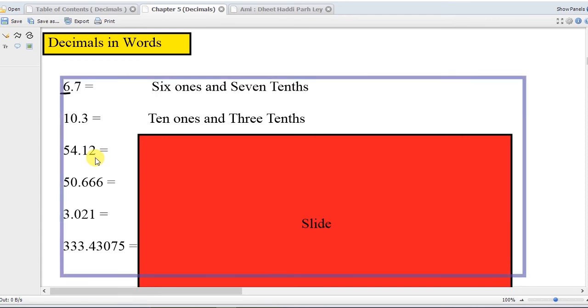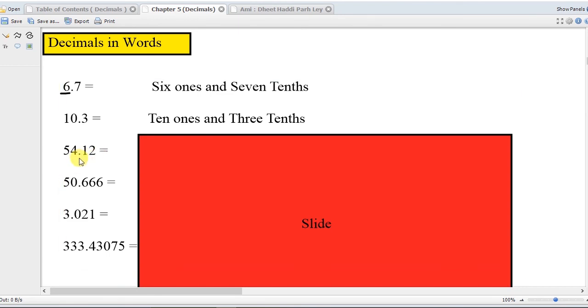Remember one more thing: whenever we pronounce the numbers after the decimal point, we don't say it as fifty-four point twelve; that is a wrong pronunciation. After the decimal point, we pronounce the numbers individually, like fifty-four point one two.